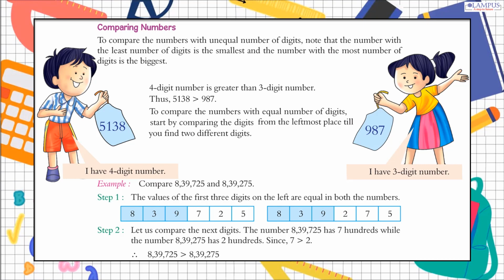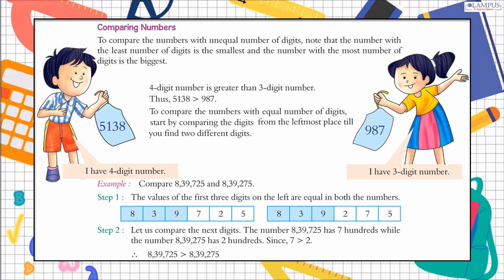To compare the numbers with equal number of digits, start by comparing the digits from the leftmost place till you find 2 different digits. Example. Compare 8,39,725 and 8,39,275. Step 1. The values of the first 3 digits on the left are equal in both the numbers. Step 2.